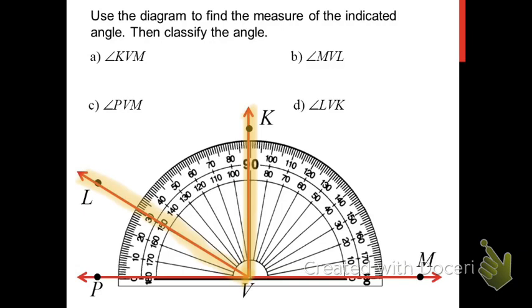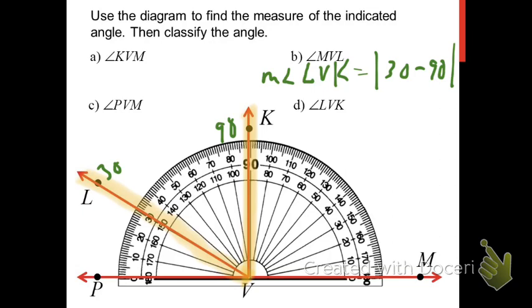Let's say, we'll use the smaller numbers here, that ray VL passes through the 30, but you could easily say 150, and that ray VK passes through 90. Well then the measure of angle LVK would equal the absolute value of the difference of 30 and 90.